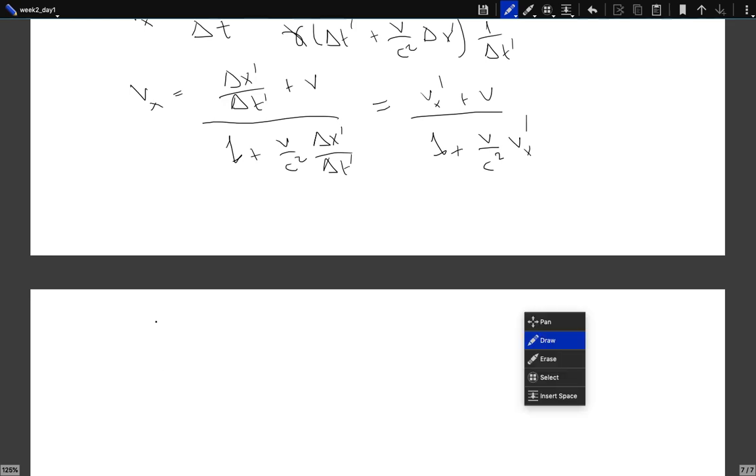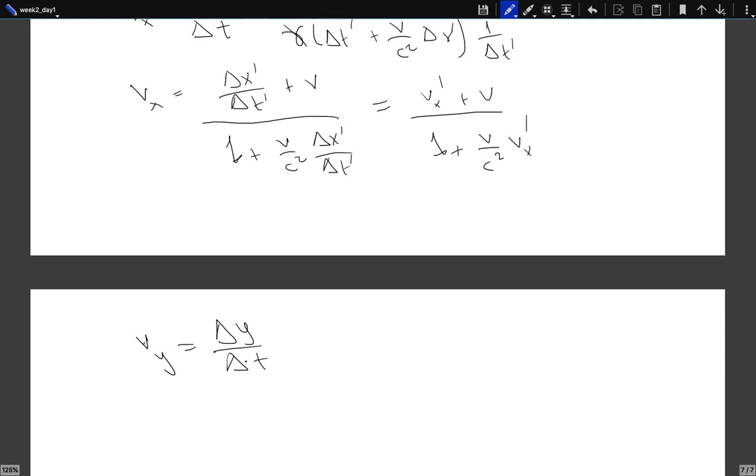So let's see, Vy, which is delta y divided by delta t. Delta y is the same. There is no vertical length contraction, but there is a time dilation. Delta t is just gamma times (delta t prime plus v over c squared delta x prime). So again, we divide the numerator and denominator by delta t prime.